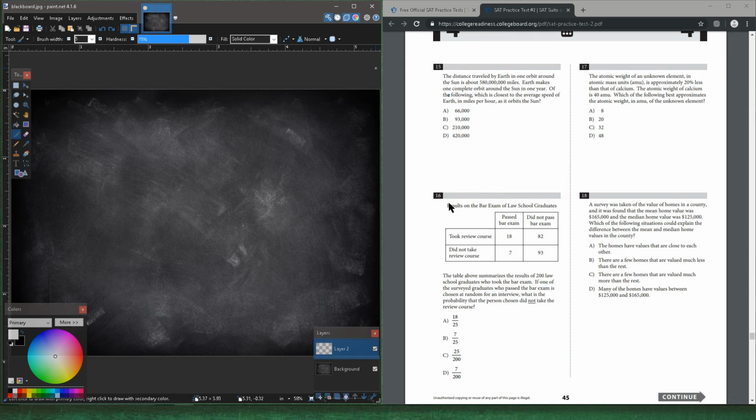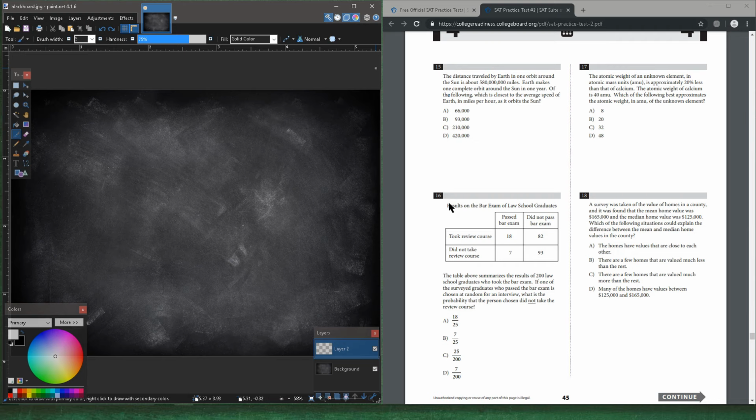We've got to look at the answers for this type of question. So we're asking about mean versus median. So the homes have values that are close to each other. That is not true, because if the values of the homes are close to each other, that means the mean and median have to be close to each other. So answer A is not correct.